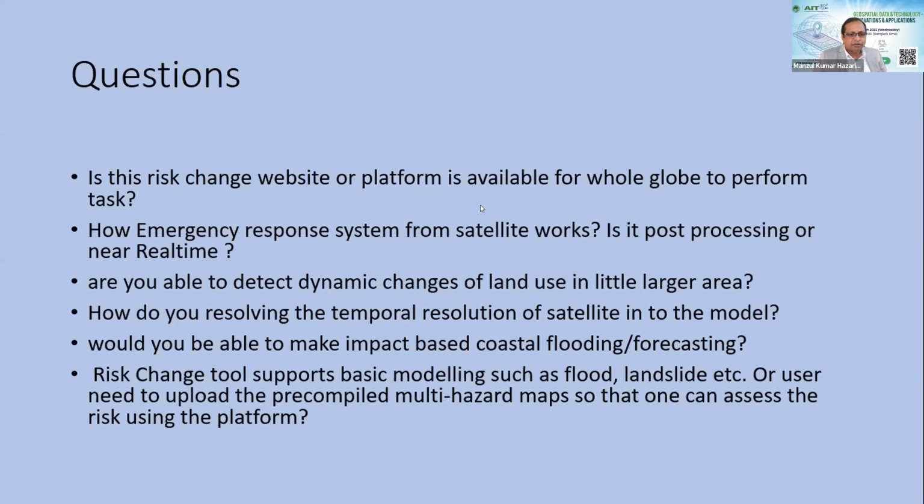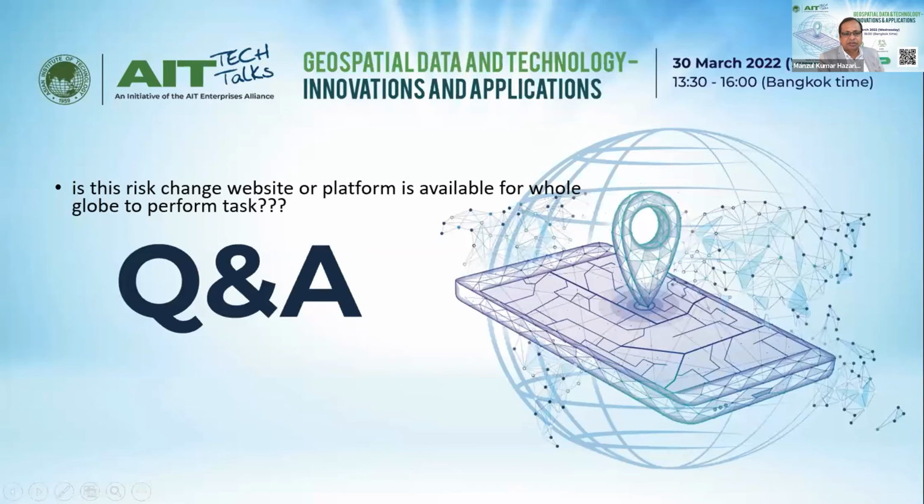Then would you be able to make impact-based coastal flooding forecasts? I think here we are talking about risk assessment and response. When we say risk assessment, we talk about what will happen if a disaster of this magnitude, such as a 2-meter flood, happens here. What will be your risk in terms of population and infrastructure?